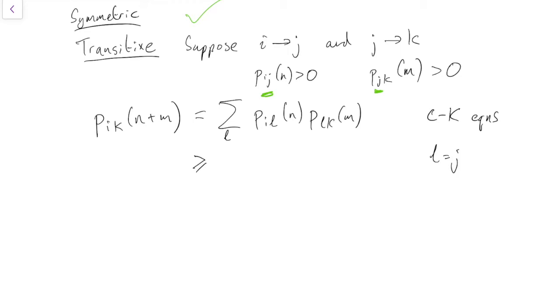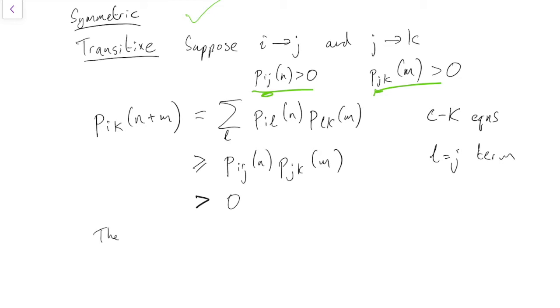So just from picking out a single term, we get that this is bigger than p_ij(n) p_jk(m). But we've just proven up here that those terms are both strictly positive, so when you multiply together two strictly positive things, you get a strictly positive thing. And so p_ik(n plus m) is greater than 0, so there exists some time, and that time is n plus m, so we get from i to k.